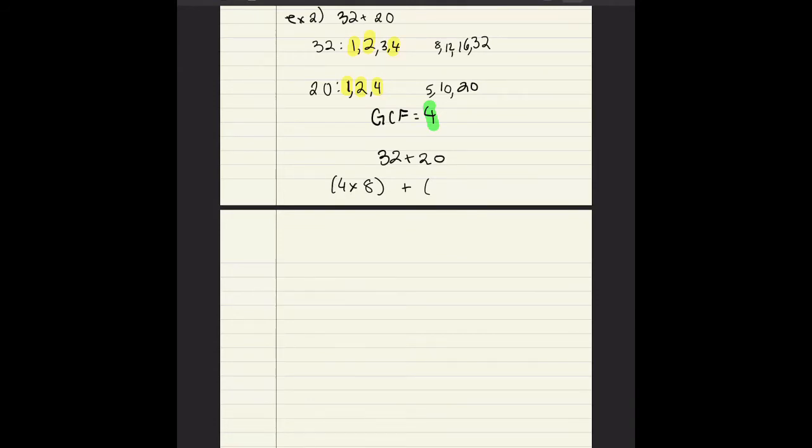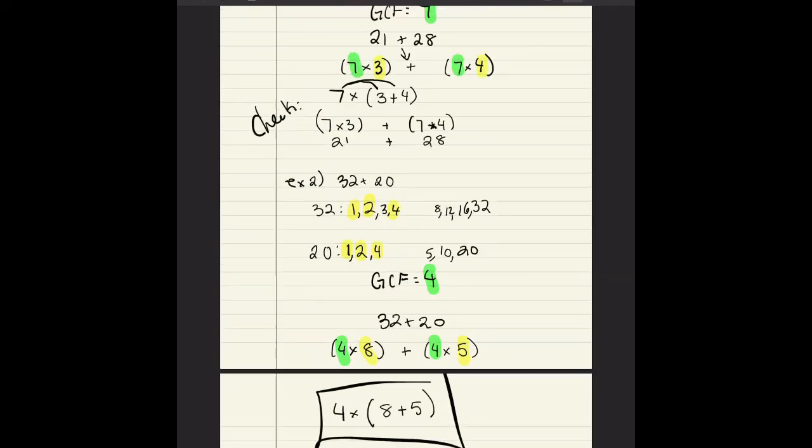Plus 4 times what times 4 is 20? 5. And then combine these. So highlight. These are our factors, and this is our GCF. So our GCF is 4. We're multiplying that by 8 plus 5. And that is our answer.